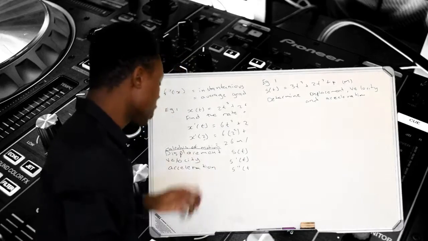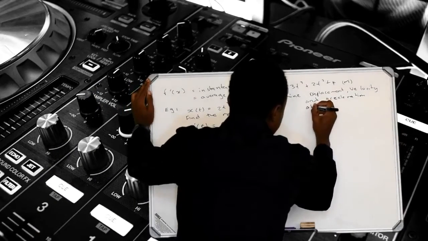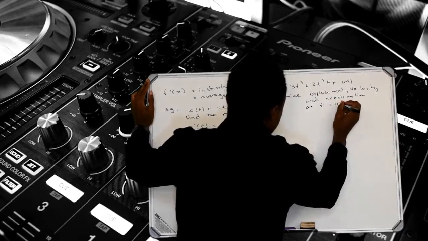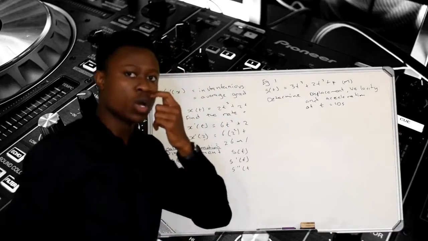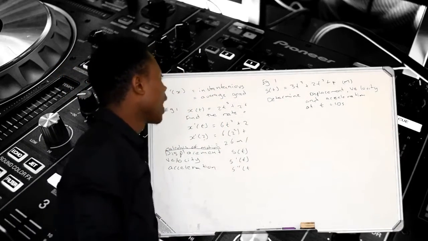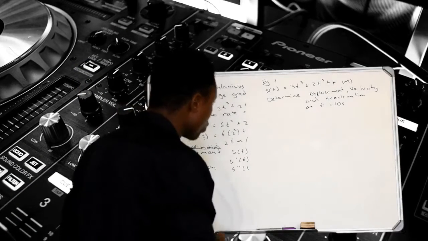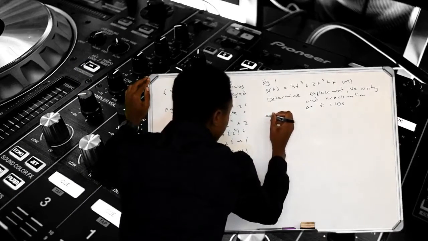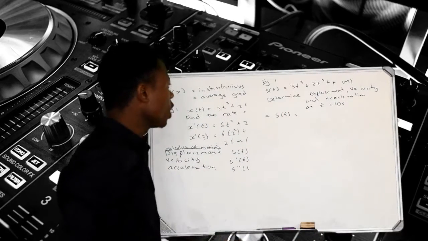But since in this question they said all of this at t is equal to 10 seconds, we want to determine all these quantities at t equals 10 seconds. So how do we do that? Let's find displacement first. s of t, what do we do in this instance?